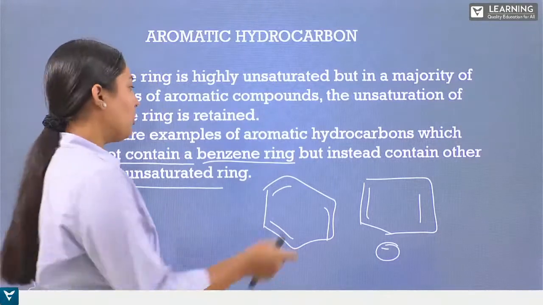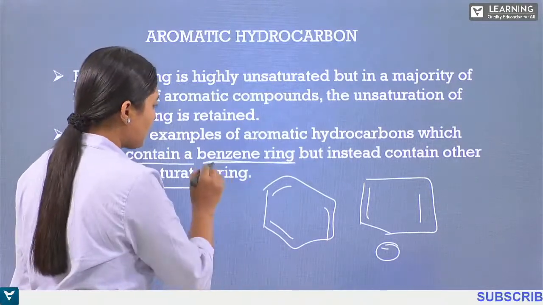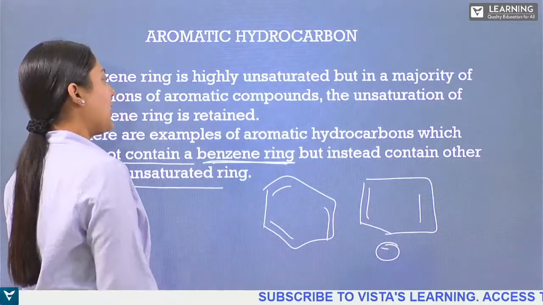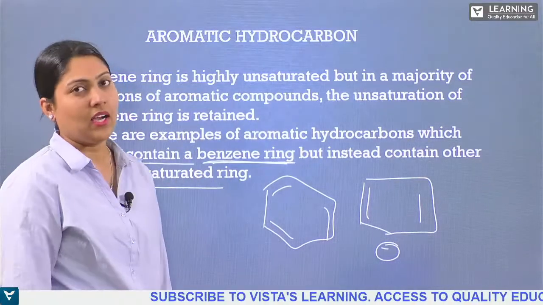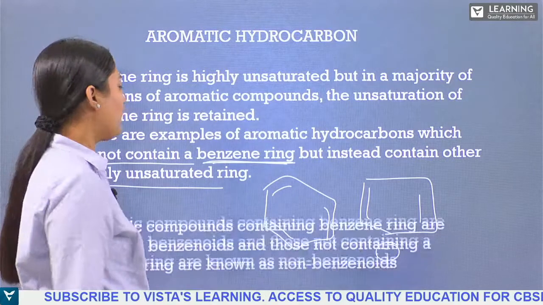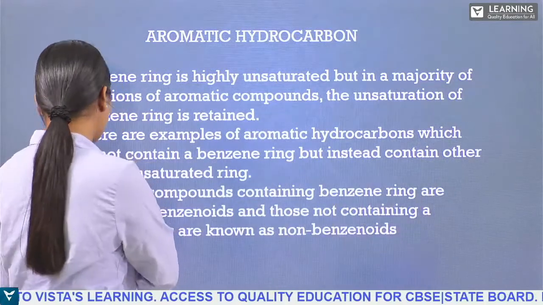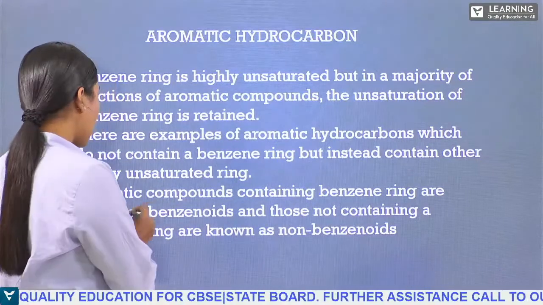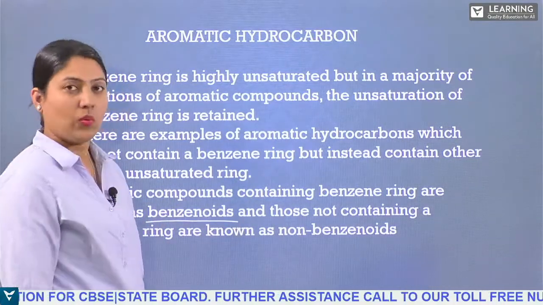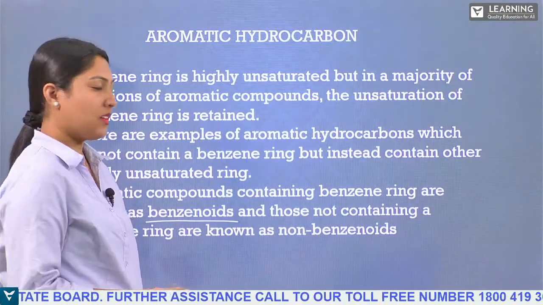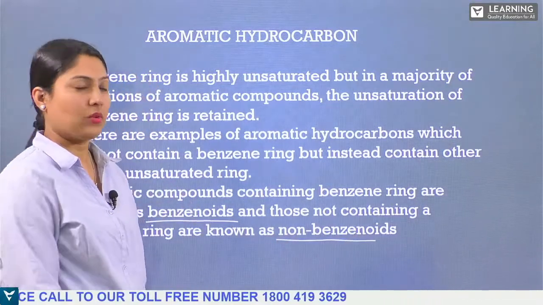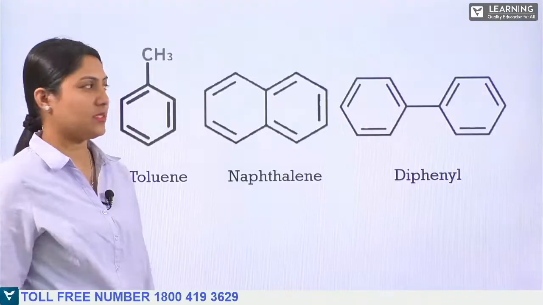But even if they do not consist of a benzene ring, they can still be grouped under aromatic hydrocarbons. For that, we have a rule. Aromatic hydrocarbons containing a benzene ring are known as benzenoid, whereas if they don't have a benzene ring, they are grouped as non-benzenoid aromatic hydrocarbons.